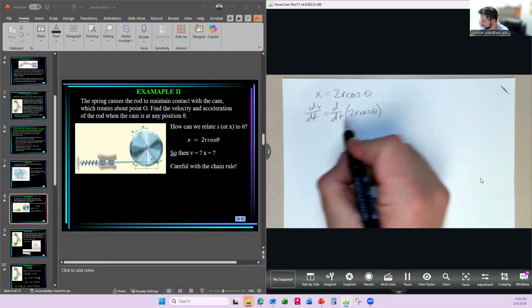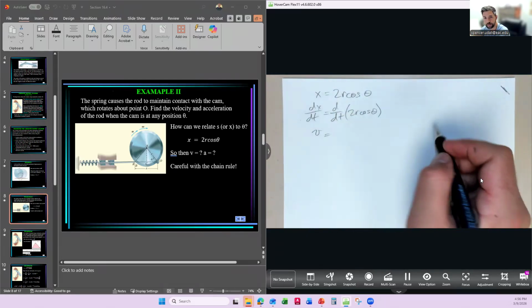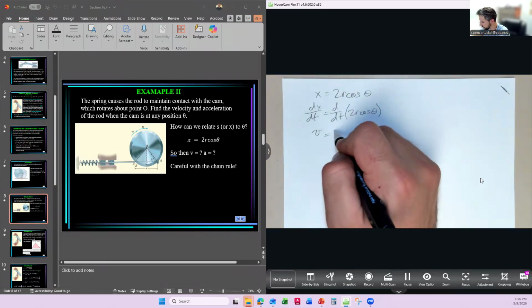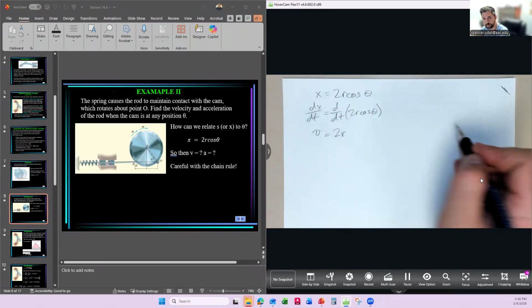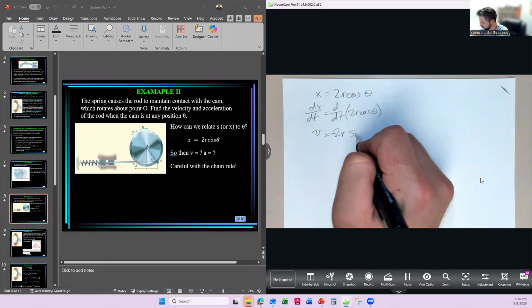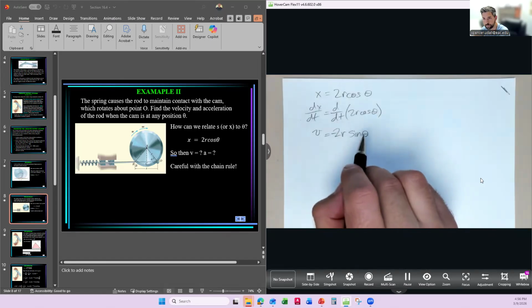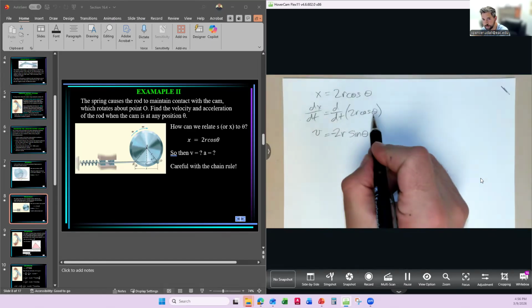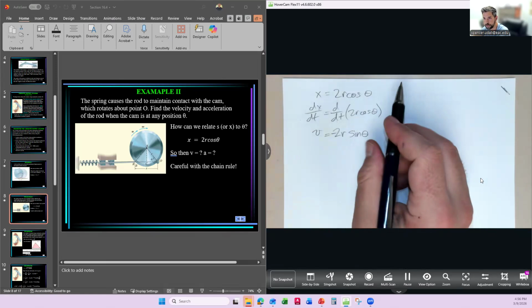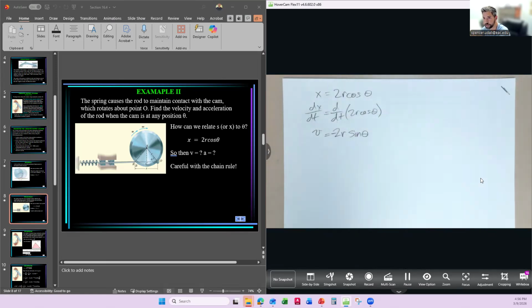Right. So dx/dt is just going to be the velocity on that side. But d/dt of this side, I've got a 2 and an r, which are constants, and then I've got cosine theta. That's going to turn into negative sine theta, right? If this was d/d theta, that would be my derivative, but it's not, it's d/dt. And theta is a function of time, so that triggers a chain rule, right?